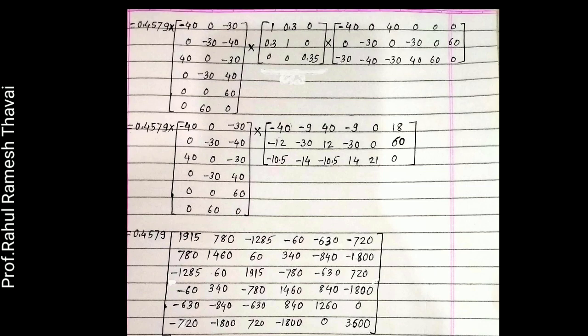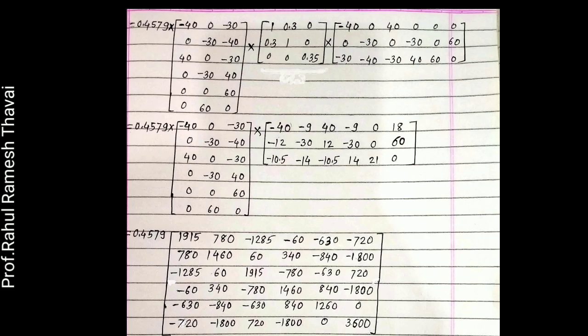Next, first row multiplied by third column, that is minus 40 into 40 plus 0 into 12 plus minus 30 into minus 10.5, that is minus 1285. Next, first row fourth column, that is minus 40 into minus 9 plus 0 into minus 30 plus minus 30 into 14, that is minus 60.